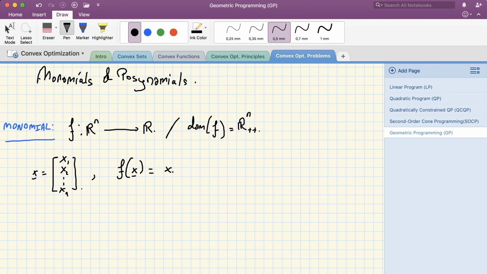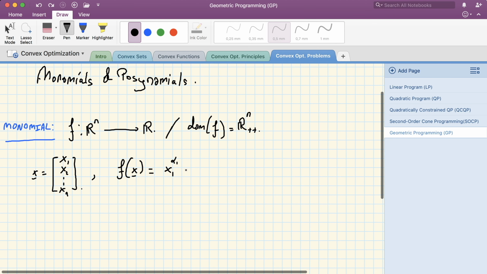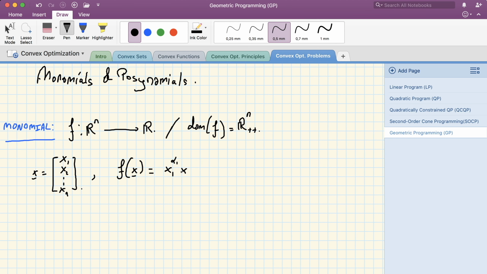So it's the first component raised to something real, so let's say alpha 1, multiplied by the second component x2 raised to alpha 2, and so on, multiplied by the last component raised to power alpha n, where all my alpha i's are real, so no complex exponentiation, and we can have a constant here, c, which has to be positive.